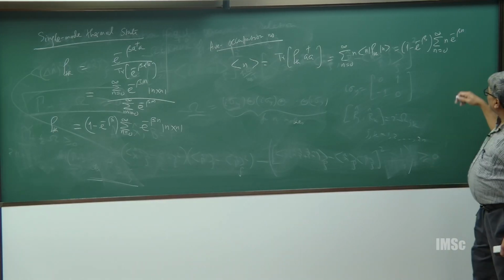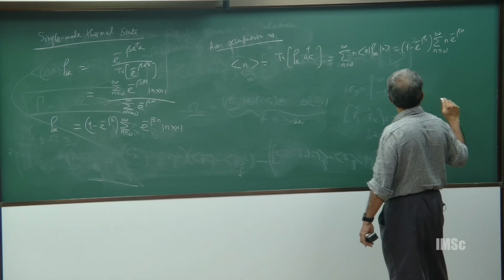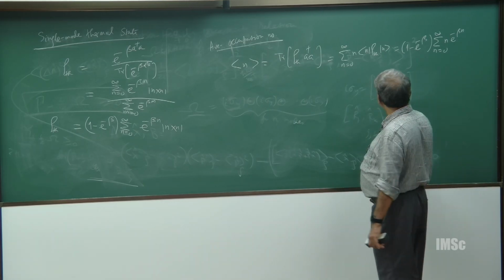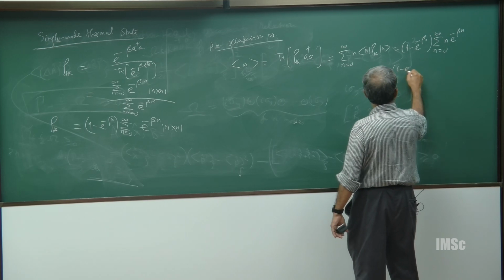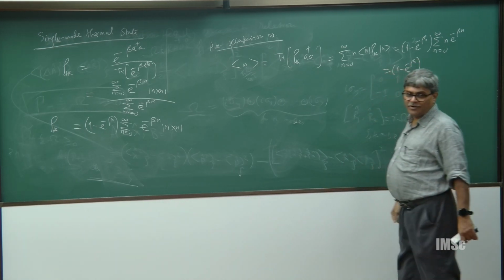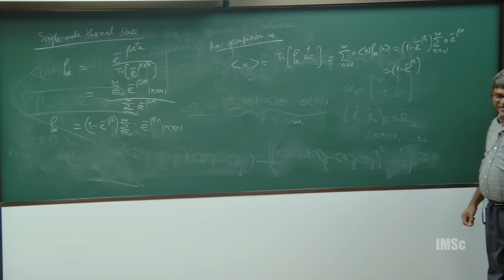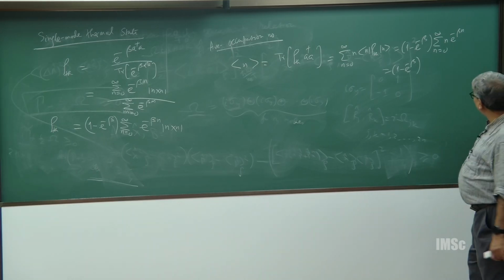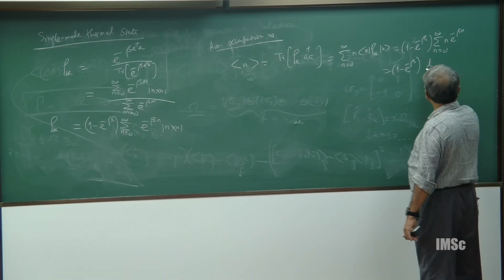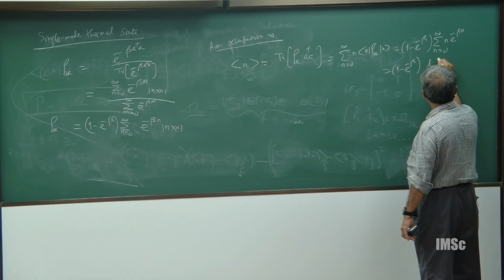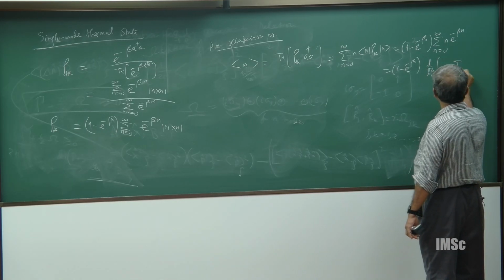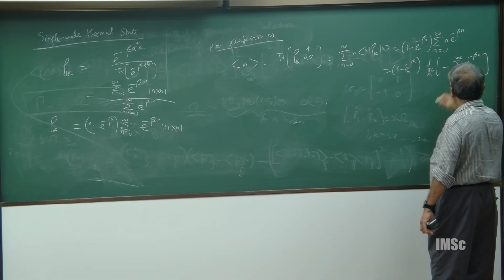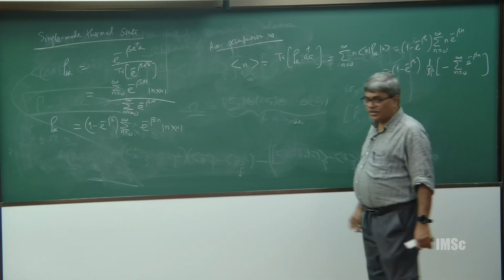And what will be this? It's called the arithmetic geometric progression. So, this is d d beta of... Yes.